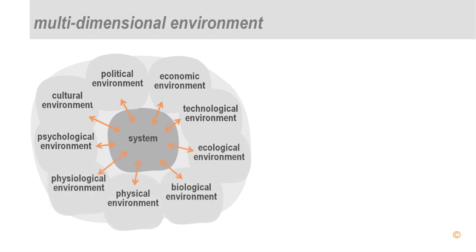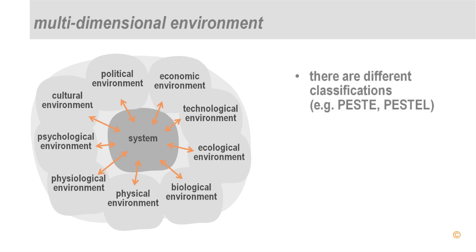Other categories are less differentiated. A famous one is the PESTE categorization, which stands for political, economic, social, technological, ecological, or there's the PESTEL, which is the same plus legal added, which in our case would be part of the political environment. It is not so important which particular categorization one uses as long as it serves the purposes of the organization.